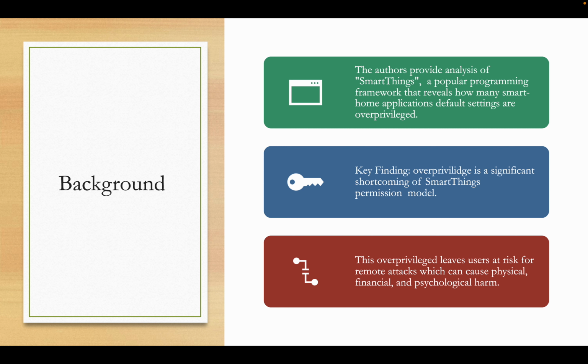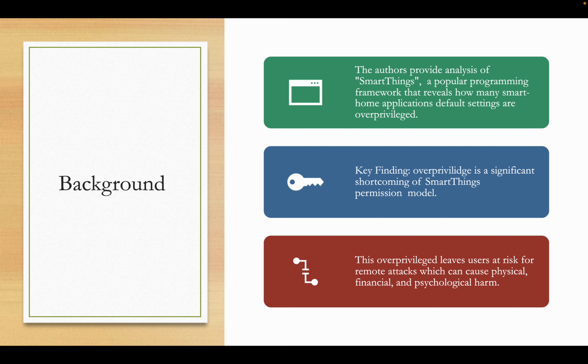All right, so let's go over the background. The authors in this paper provide analysis of SmartThings, which is a popular programming framework that reveals how many smart home applications' default settings are overprivileged. Later in the presentation, I will discuss overprivilege.